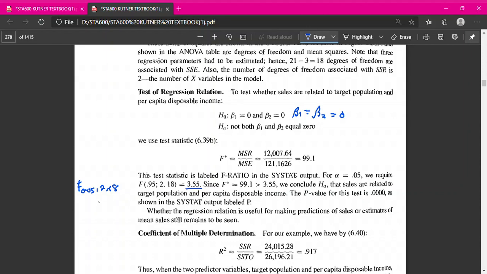So means that the sales are related to the target population and the per capita income. Okay, sales Y are related to X1 dan juga X2. Or we can say that the model that we create tadi is significant, okay, or at least one of these independent variables is significant.